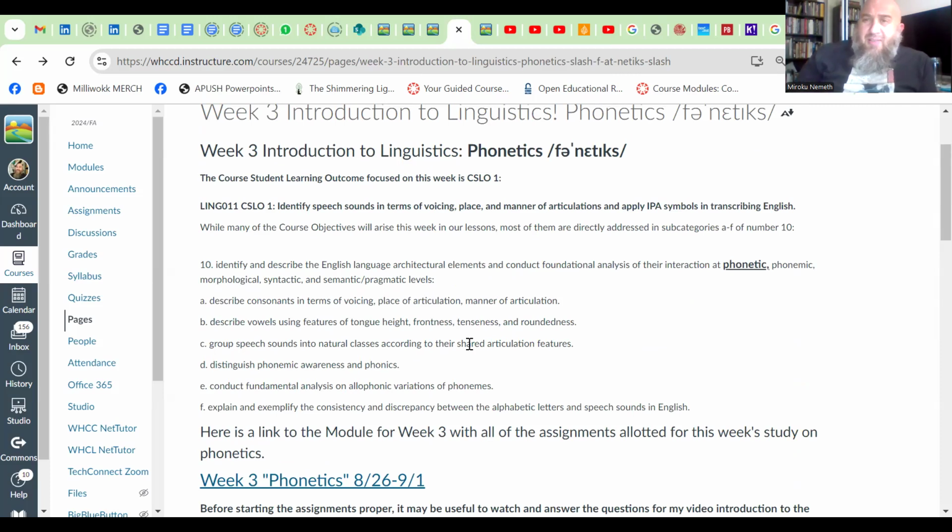Phonetics and phonology, especially phonology, are really important to a lot of other sciences, like historical linguistics. A lot of people will think, oh, this word sounds like this word in this language, even though they're totally different languages, and because they sound alike they must be from the same source. That's not really how linguists do things in historical linguistics.